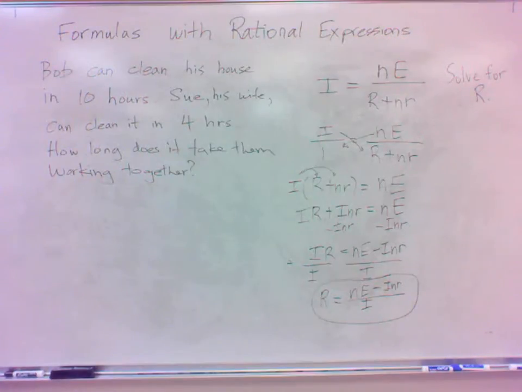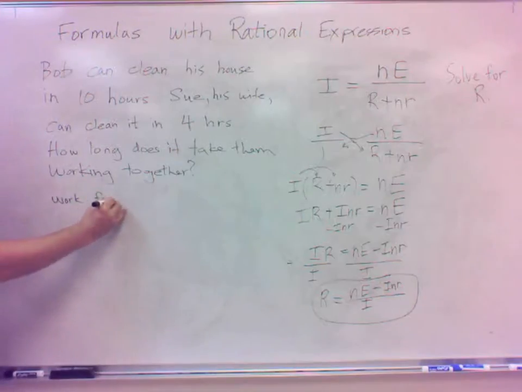Like I said, there's a formula that's involved, and here's the way it goes. I call it the work formula. The other problems won't necessarily be cleaning a house problem. It might be some other form of work, but here it is, work formula. One way you can do this. It works this way.